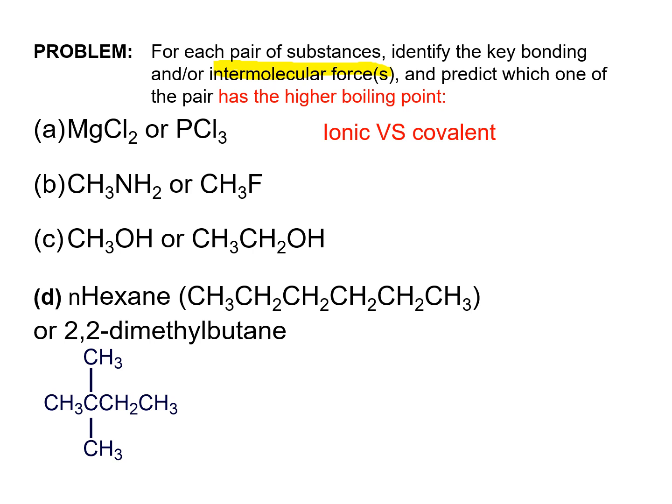So which one is going to have the strongest interaction? Even if in your covalent compound you have a polar bond, so that's a polar molecule, and it would be polar because the geometry, if you look at VSEPR theory, would not be symmetrical. But magnesium chloride, being ionic, supersedes in strength. So that's going to be the one with the higher boiling point.